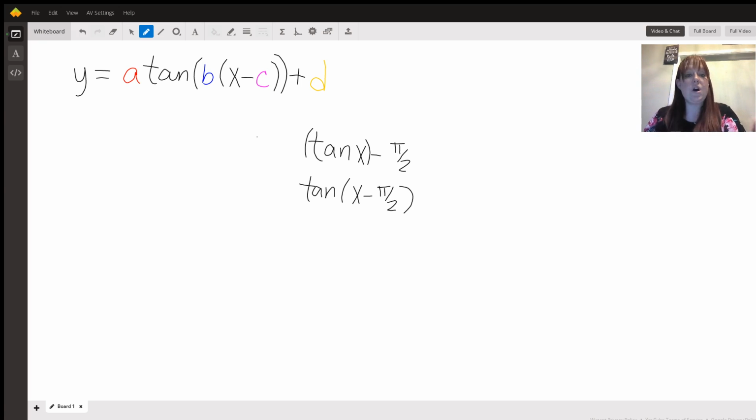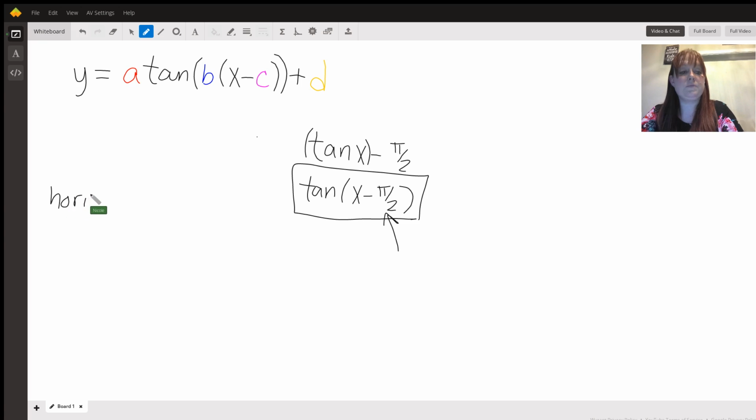So if the function looks like this bottom function here, since this is inside the function, that's going to be a horizontal shift. And it's going to be a horizontal shift to the right because it has a minus sign, and a minus sign usually means to the left, but since your x is a liar, we're going to go the opposite way.